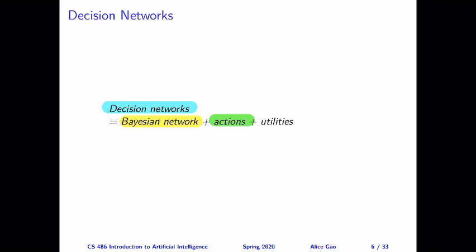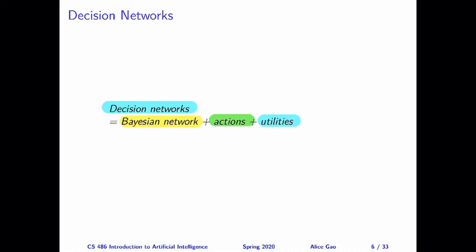And in addition to representing actions, we also need to represent our utility function, so how happy we are in each state of the world. So a decision network is simply starting with a Bayesian network with all the nodes representing random variables, so random events that happen in the world, plus nodes which represent actions, plus nodes which represent our utility function.